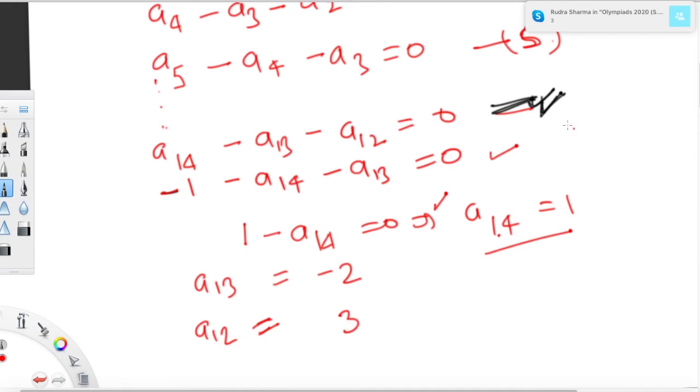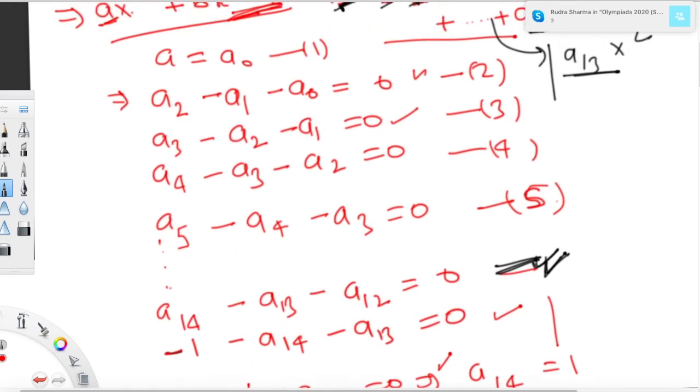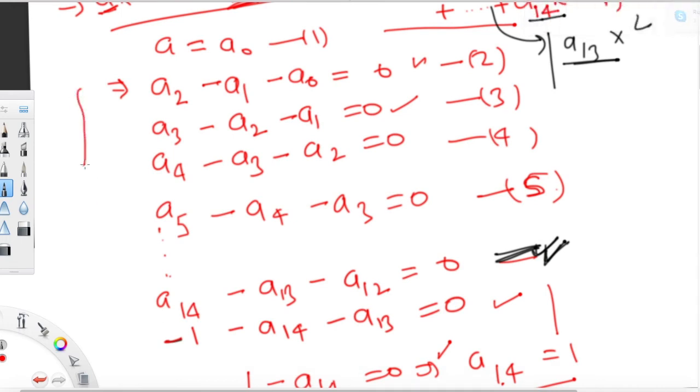Now notice one thing. I want to show you something. From all these equations, one thing is very easy to observe, that I am writing here: ai is equal to ai minus 1 plus ai minus 2. Getting it?